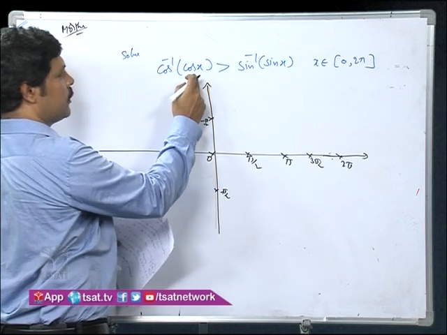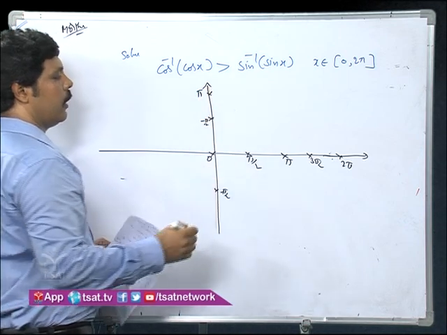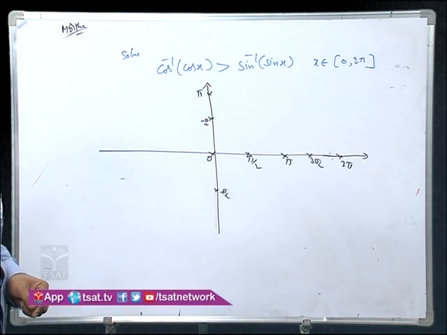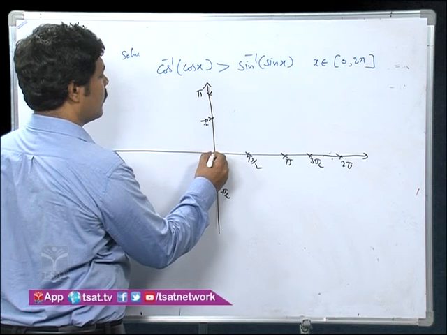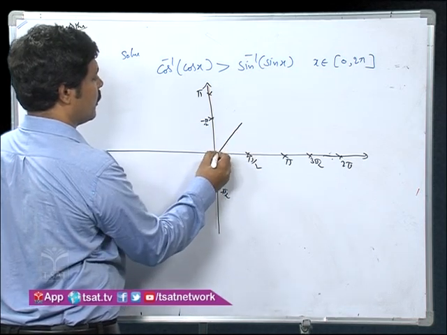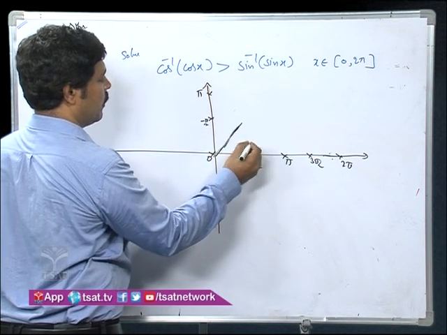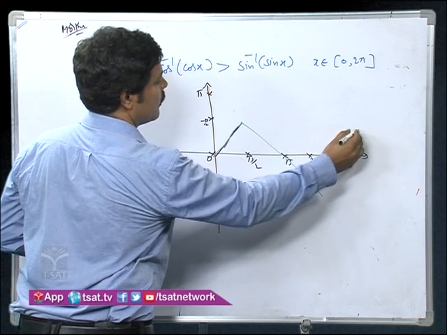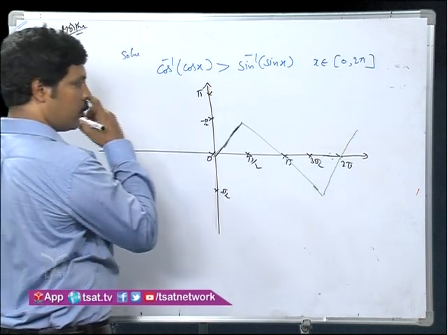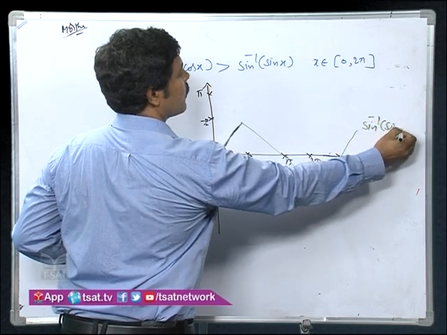But the principal value of cos inverse of cos x lies between 0 to pi. Now first I draw the graph of sin inverse of sin x. This is sin inverse of sin x passing through the origin.